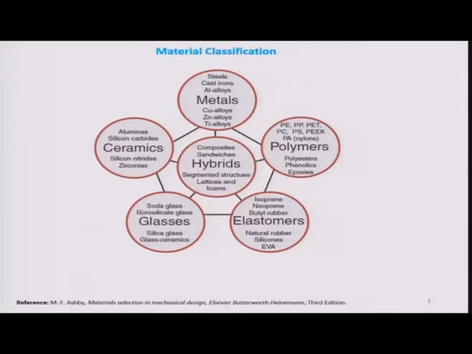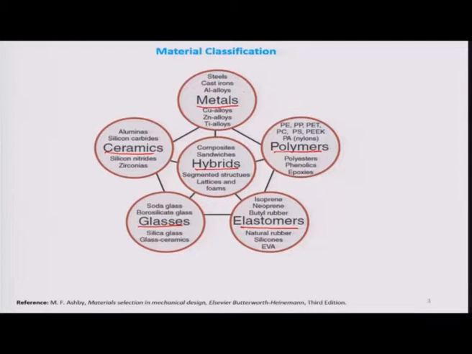Now, material classification. There are a variety of materials available in our universe, and these are broadly classified into these groups: metals, polymers, ceramics, glasses, elastomers, hybrids. Metals are generally crystalline in nature, and the atoms of metals are held together by metallic bonding.